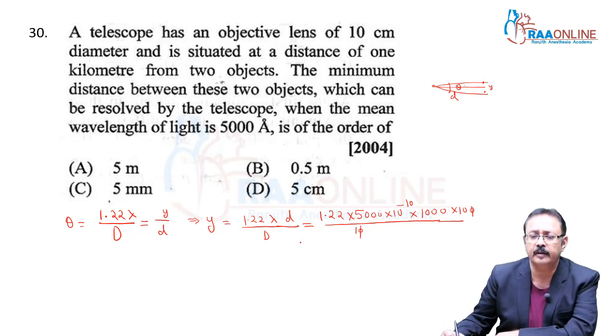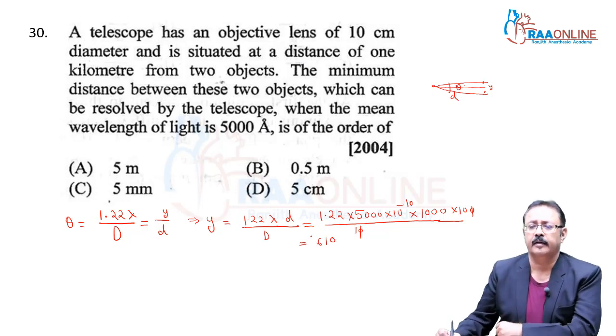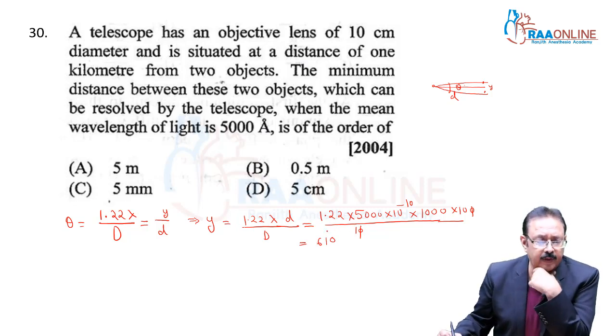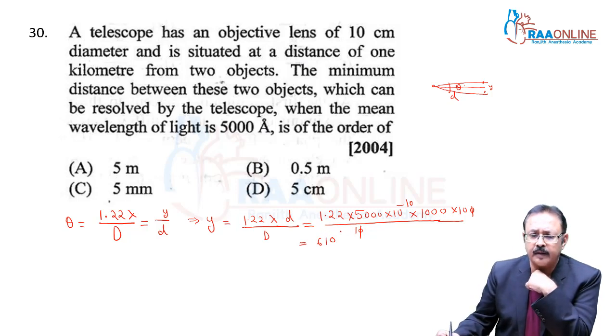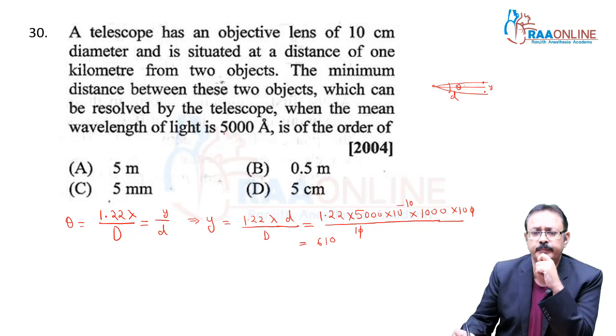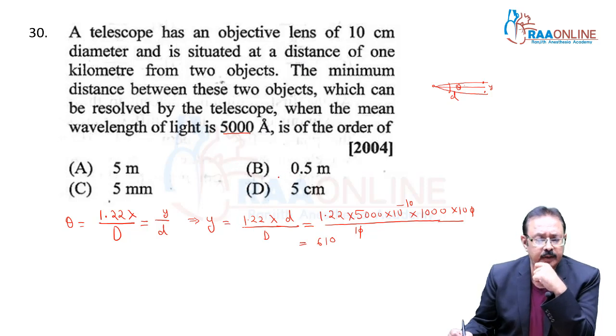What are we getting? We are getting nearly 1.22 into 5. The light we are using is 5000 angstrom. The diameter is 10 centimeter.